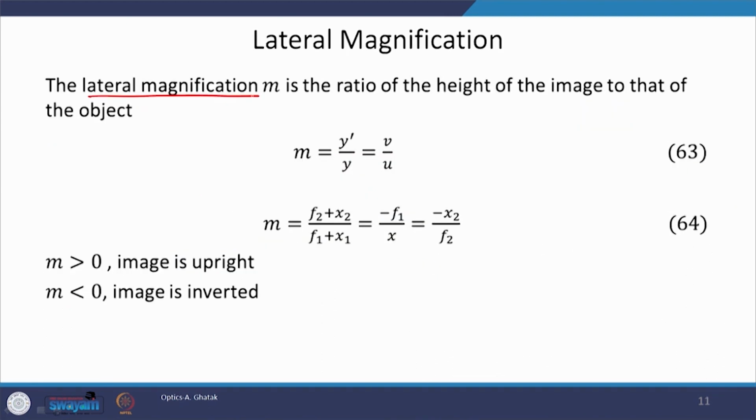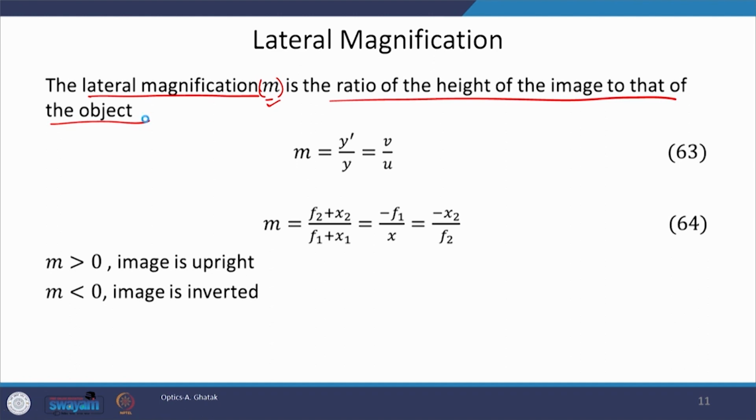That is considered in the definition of lateral magnification. The lateral magnification is represented by M, and it defines the ratio of the height of the image to that of the object.